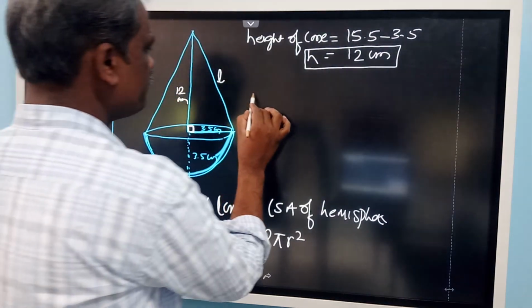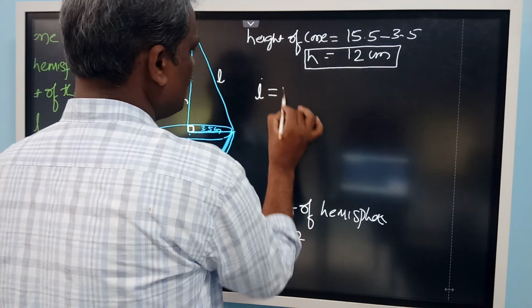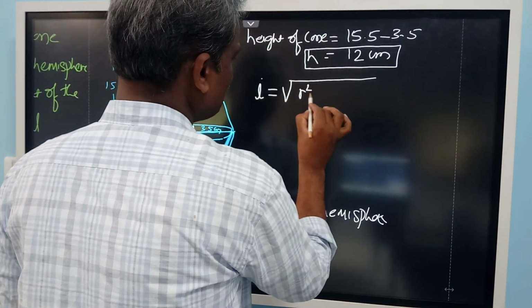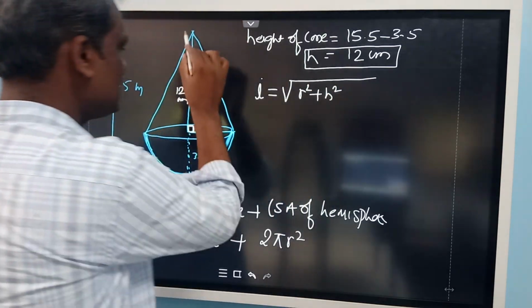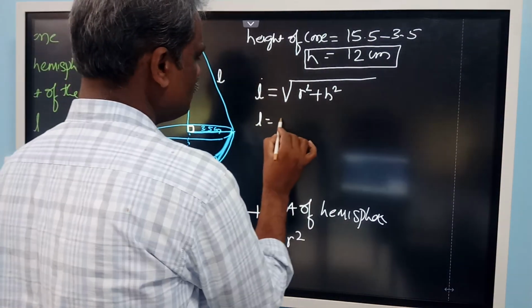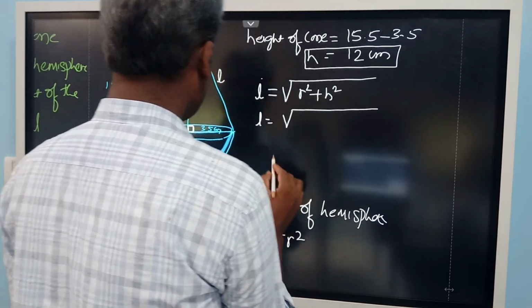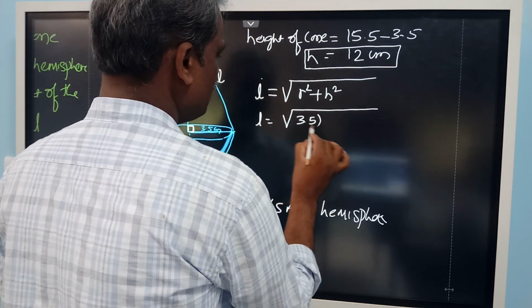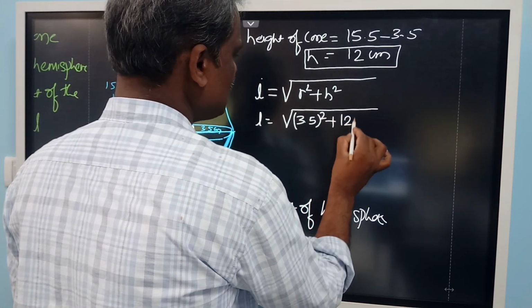L is equal to root of r square plus h square. Slant length L is equal to root of r square plus h square. So L is equal to root of 3.5 whole square plus 12 square.